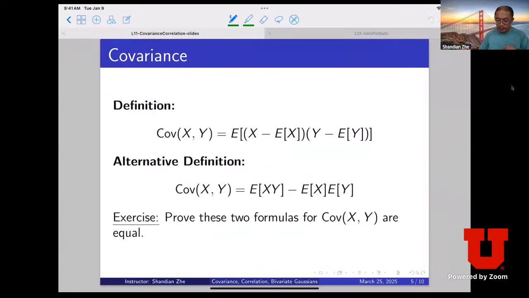So what is the alternative definition? You can also calculate the covariance between x and y as the expectation of the product of x, y subtracted by the product of the expectation of x and the expectation of y.